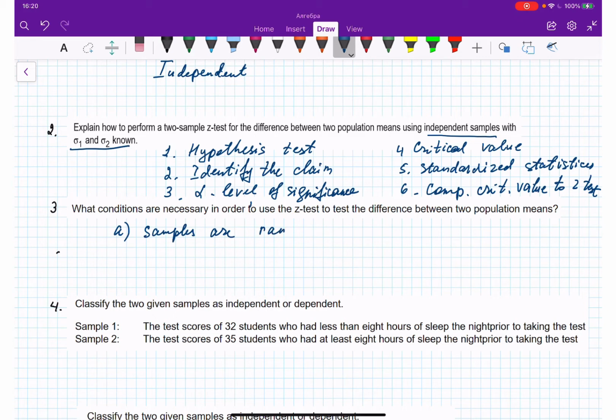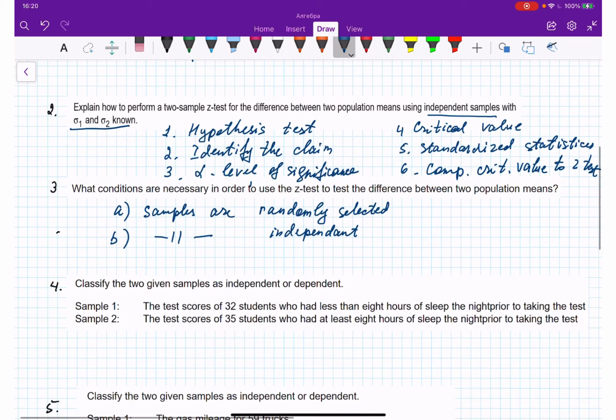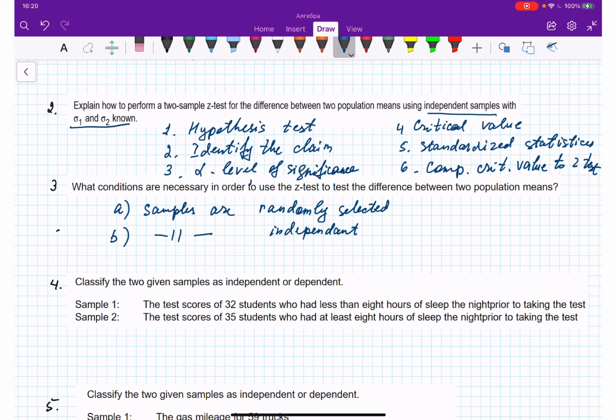B, samples must be independent, because it's asking about the difference between two population means. And also they have to have a normal distribution.